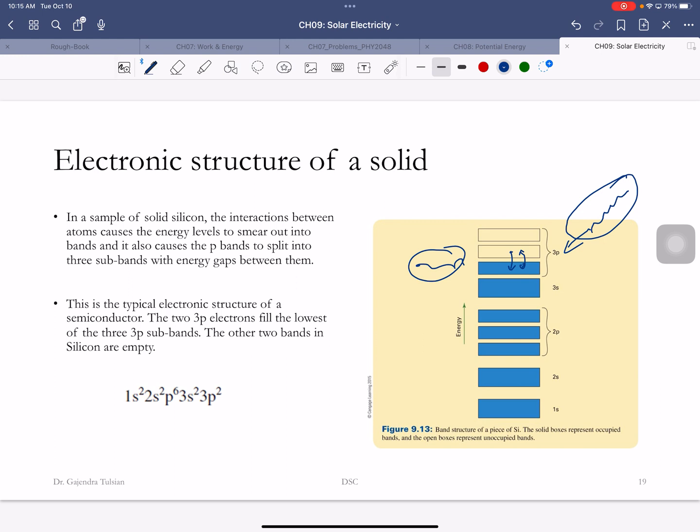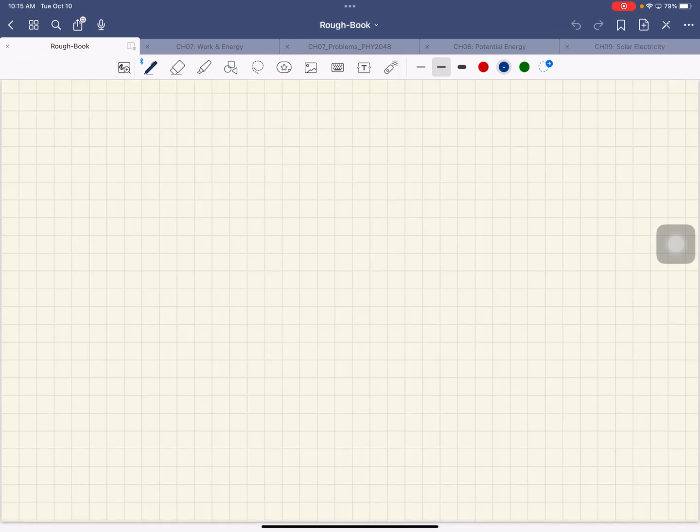All right, so here are the basics of this idea. This is an electric field. Okay? In an electric field, a positive charge will move in that direction and a negative charge will move in the opposite direction.